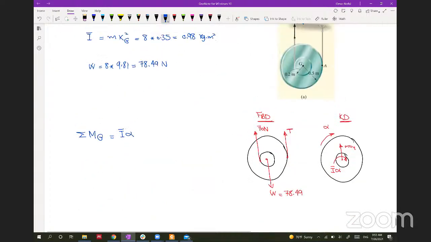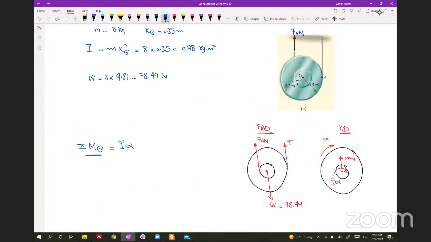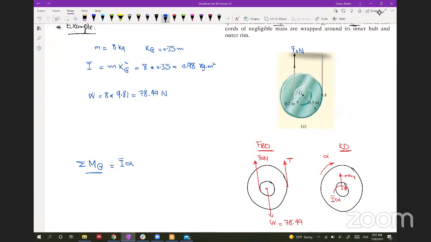As I told you, the left-hand side we get from the free body diagram, and the right-hand side we get from the kinetic diagram, but we need to define our positive. So let's assume our positive direction is in this direction, and this is our G.